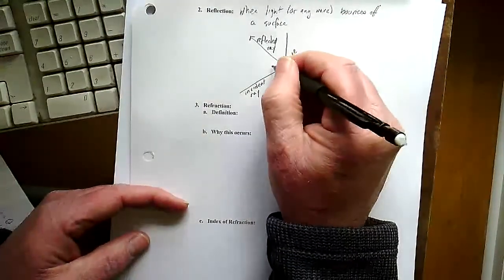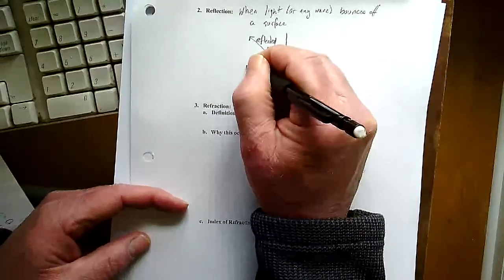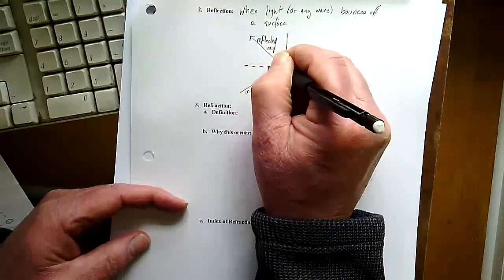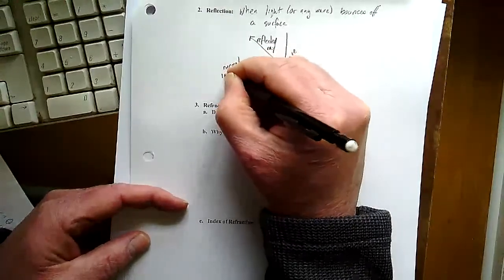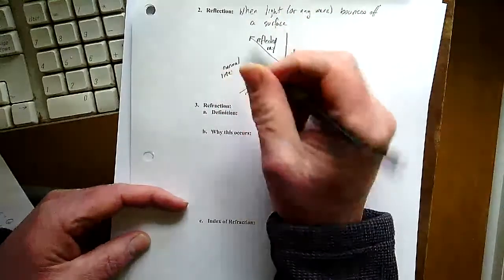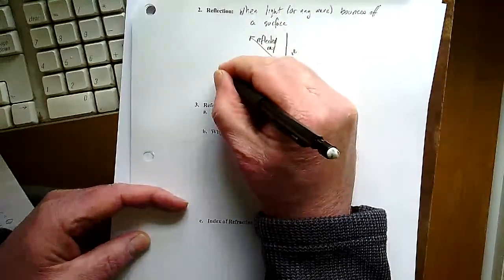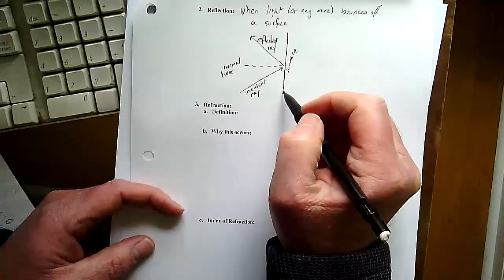The only thing that's a little confusing is we don't measure the angles from the surface. We draw in what's called a normal line. And just like a normal force is perpendicular to a surface, the normal line is going to be perpendicular to the surface.